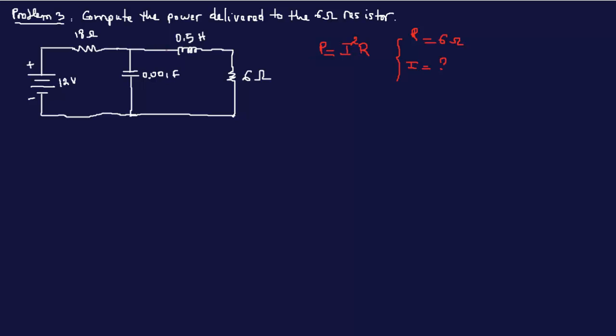Of course we have an inductor here, so this is going to be a short circuit, zero resistance, and this is an open circuit. Nothing flows through the capacitor, zero current goes through. So now you're left with a circuit that looks like this.